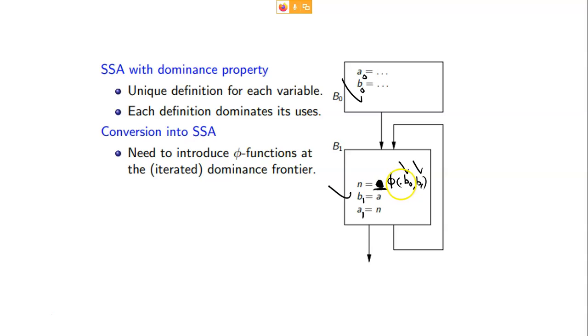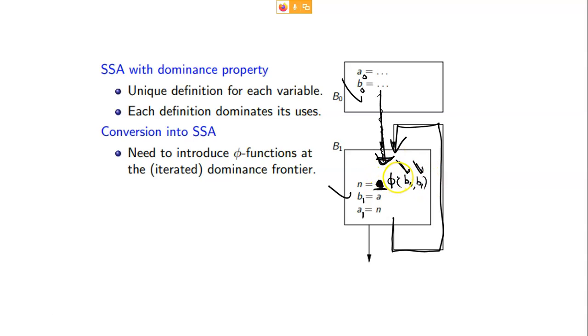Now what will this phi function do? It will return the argument which is reaching. For example, let's assume you are going for the first time. At this point the phi function knows that you have taken this path, so it will return B0. The second time, when you take this path, the phi will know that, so it will return B1.